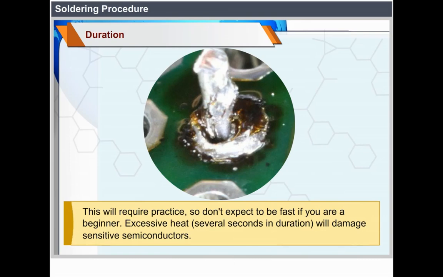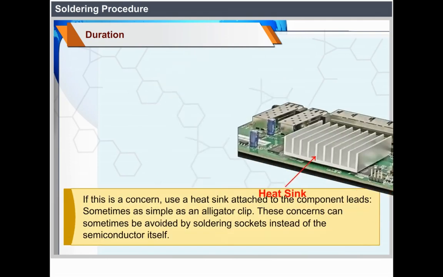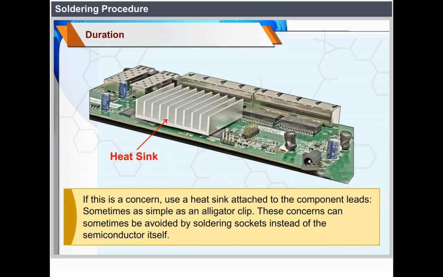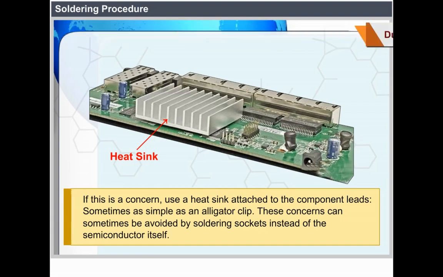Excessive heat, several seconds in duration, will damage sensitive semiconductors. If this is a concern, use a heatsink attached to the component leads, sometimes as simple as an alligator clip. These concerns can sometimes be avoided by soldering sockets instead of the semiconductor itself.